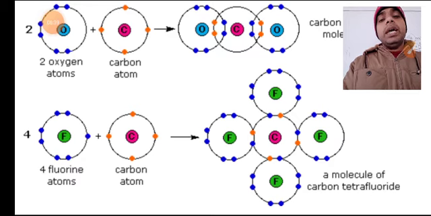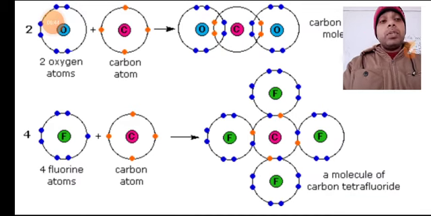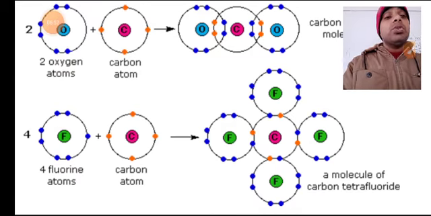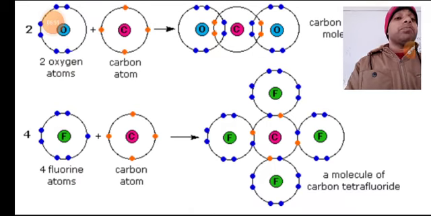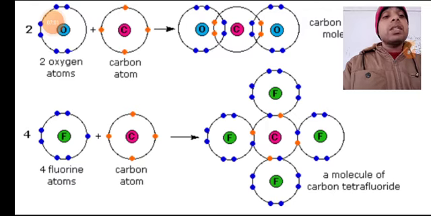So it will share 1 electron. If I am giving you only fluorine molecules, F2, 1 electron it will share. But if fluorine and carbon are both there, it will share its electrons with different carbon. As you know, carbon is tetravalent, so carbon has 4 electrons.